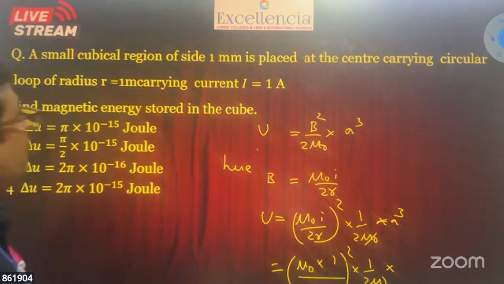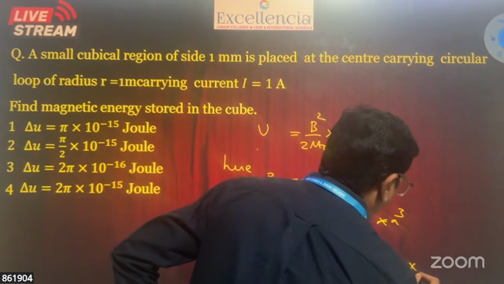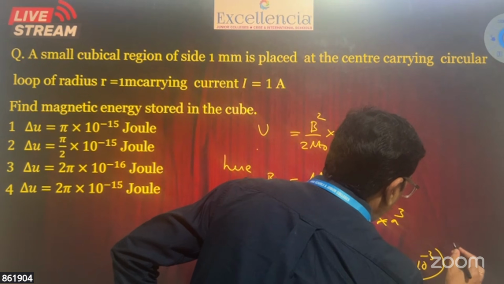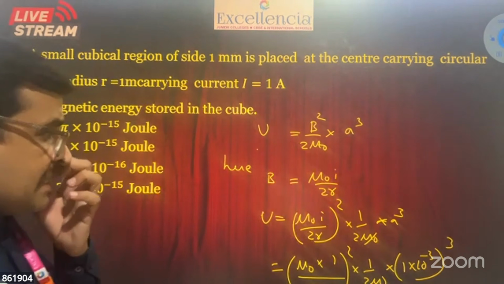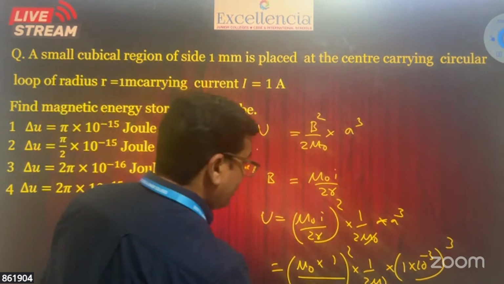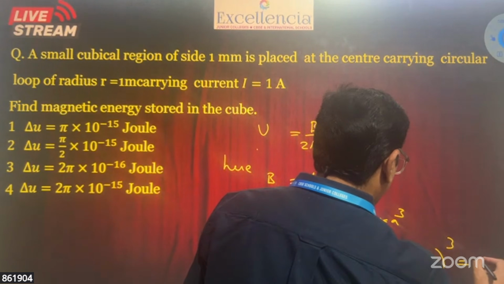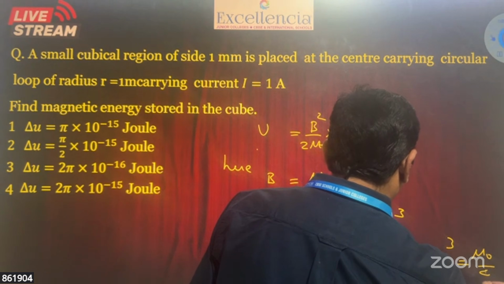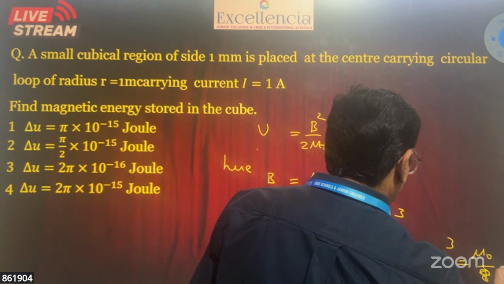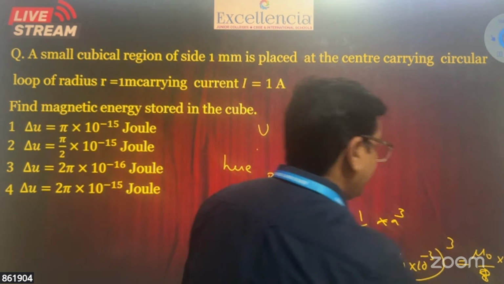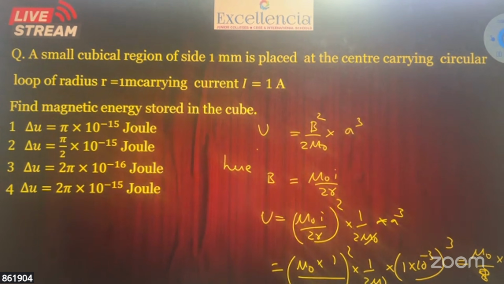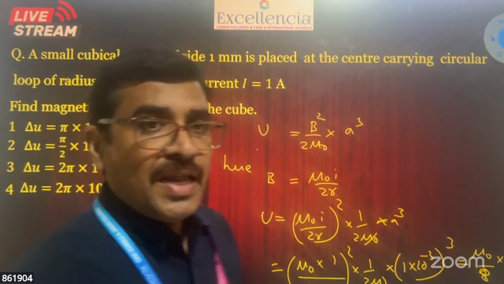And now the side of the cube is 1 mm, which is 1 into 10 to the power of minus 3, whole cube. If you solve it, mu naught will cancel, and this is mu naught upon 4 into 2, into 10 to the power of minus 16. On solving, we get this in terms of pi by 2 into 10 to the power of minus 15.